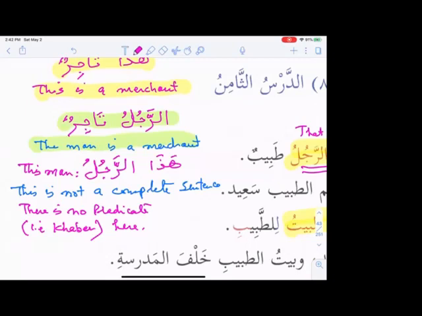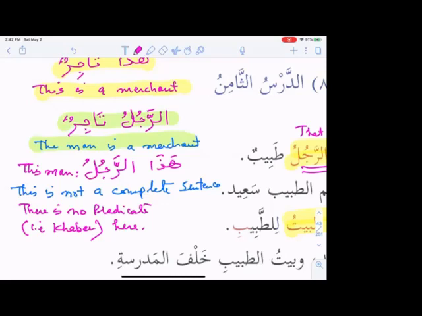This man. This is not a complete sentence. Is it a complete sentence? No, it's not a complete sentence because there is no predicate. There is no khabar here. No description of this man. So this is what is being explained here. This man.